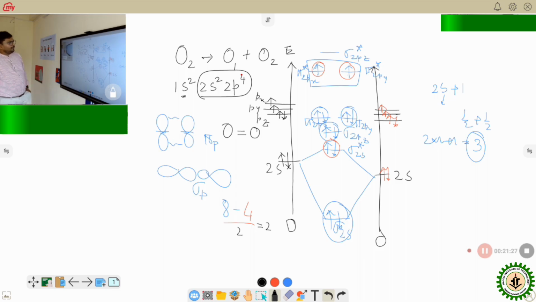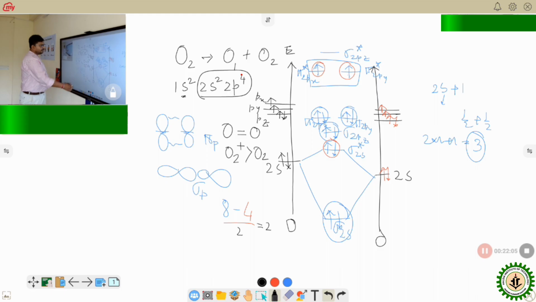Okay. So now from here we generally ask the question why oxygen is paramagnetic, explained through the molecular orbital diagram, and also we can ask to explain why O2 plus has a higher bond order than oxygen. Right? So why is it happening?